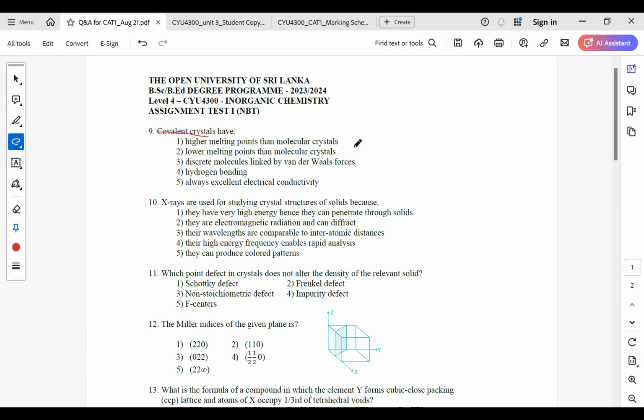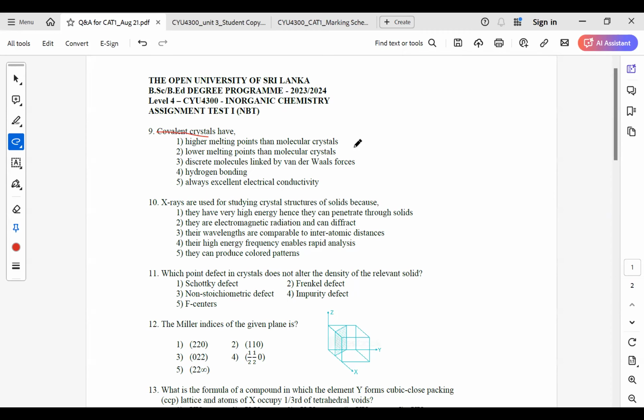Yeah, now my question is, in molecular crystals, single molecules are packed together and connected through weak van der Waals forces. I'm asking, what is the difference between molecular crystals and covalent crystals? So these contain giant networks where all the atoms are interconnected through covalent bonds throughout the material, for example diamond.